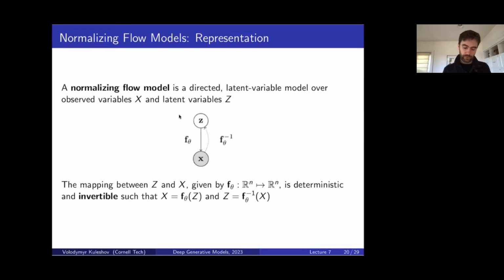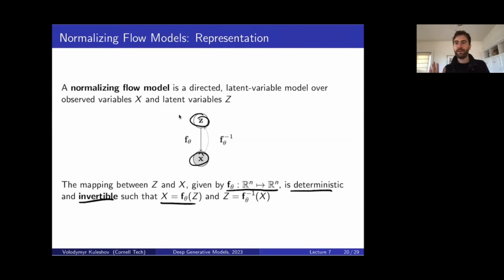And again, I just want to reemphasize that this mapping is going to be a deterministic and invertible mapping that maps X to Z. So once we specify this invertible mapping, then we have a valid distribution over X. You can imagine sampling from this distribution by drawing a Z from the simple prior and then mapping to an X given a Z. So we can at least sample from this distribution.